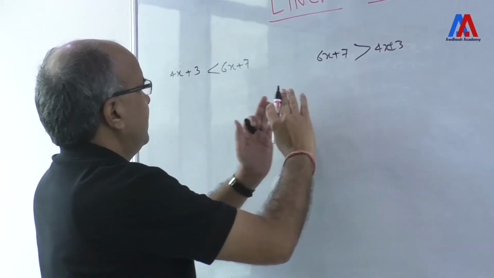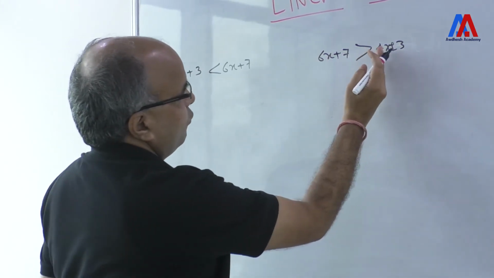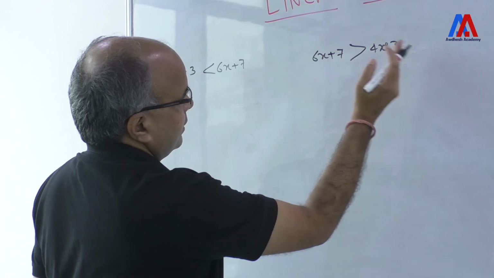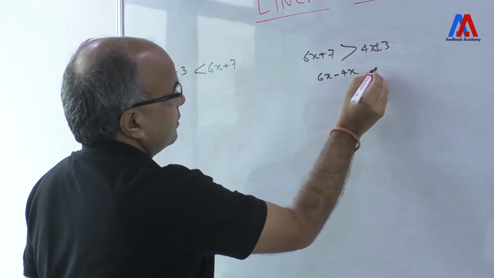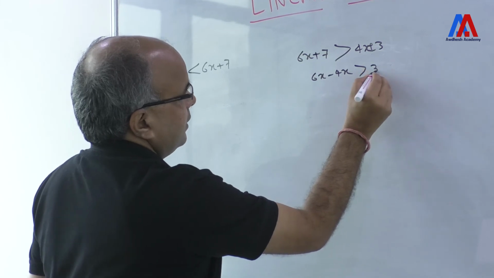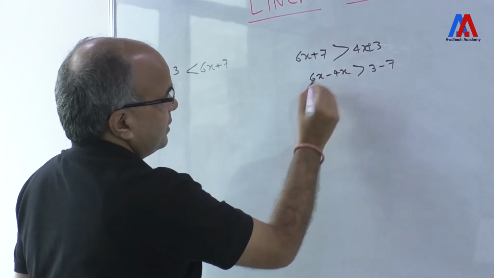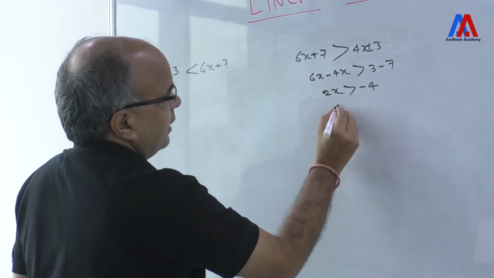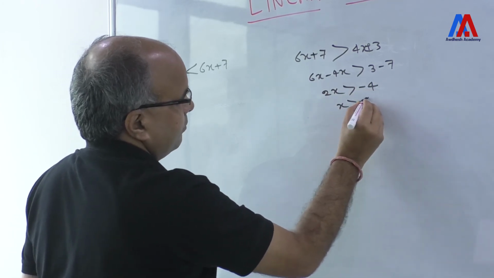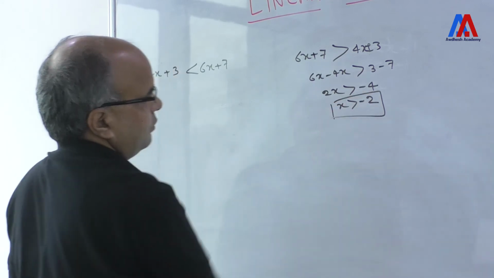That means we have changed the side and also changed the sign. Now 4x we keep on this side and 7 we take on the other side. So it will become 6x minus 4x greater than 3 minus 7. That basically means 2x is greater than minus 4 and so x is greater than minus 2. So this is the solution.